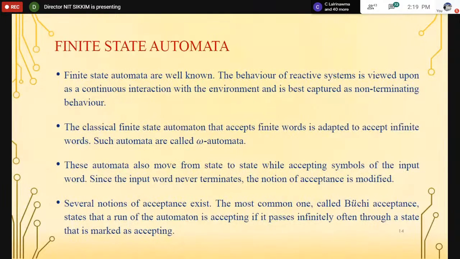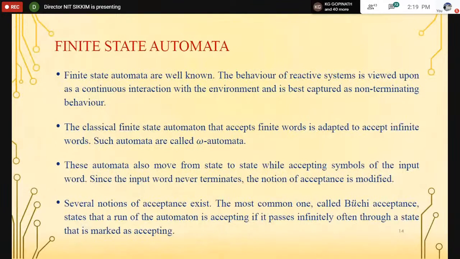The behavior of a reactive system is viewed as continuous interaction with the environment and is best captured as non-deterministic behavior. So this non-deterministic behavior is really killing for real-time systems. We don't want the behavior of the system to be non-deterministic anyhow, but your general purpose systems are often non-deterministic in nature, and our design is also non-deterministic.